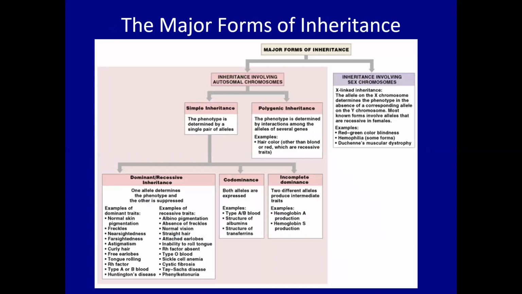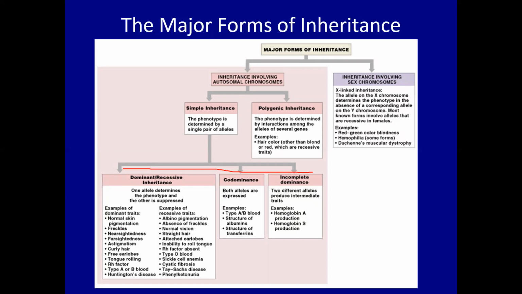So looking at the major forms of inheritance, if we look at simple inheritance, single gene traits, we have all of these down here at the bottom, these different characteristics that will be produced. For example, in simple dominant-recessive inheritance, freckles is dominant.